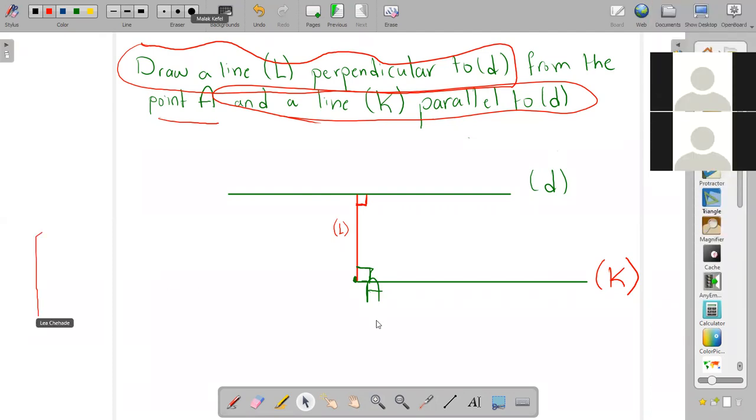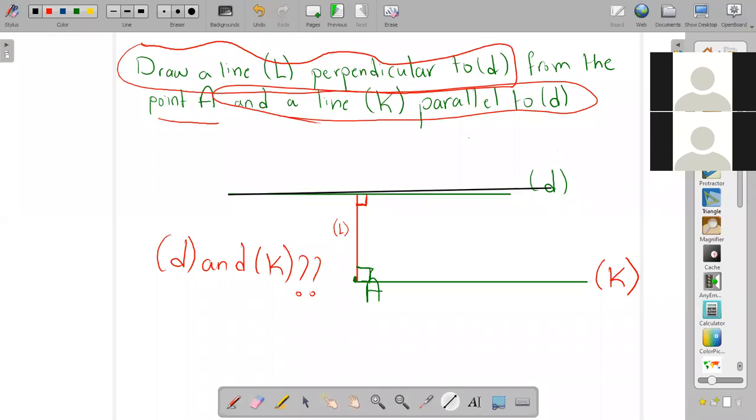What can we say about the two lines D and K? Teacher, how do you describe the two lines D and K? Intersecting lines. Please pay attention. The line D and the line K. This is the line D, Leia.